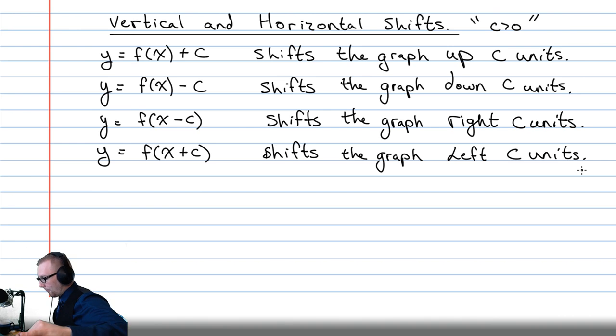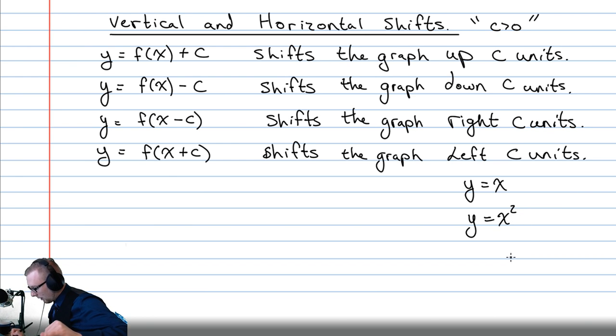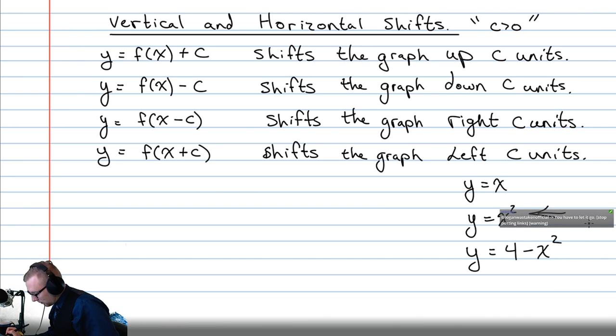I was telling you what y equals x looks like, y equals x squared, and then you had another one that was like 4 minus x squared. So how do you find that function? How do you know what it looks like? What I'm going to write in notes and show you is how to go from this original one to get to here.